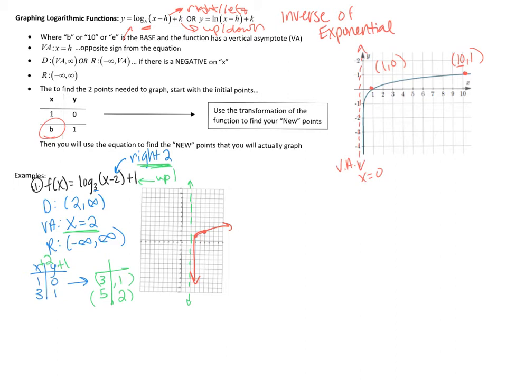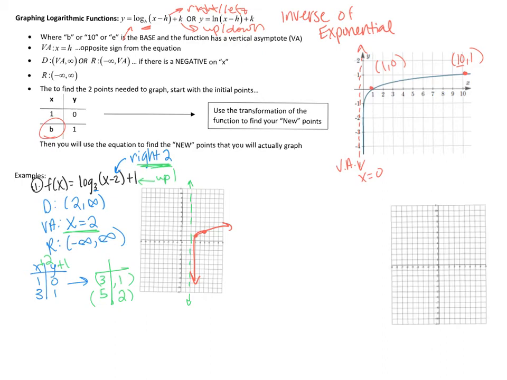All right, let's look at another example to make sure that we really understand what's happening here. So let's look at a second function here. Let's say that we have f of x equals log of x plus 3 minus 4. All right, so we're going to start off the same way that we did last time.